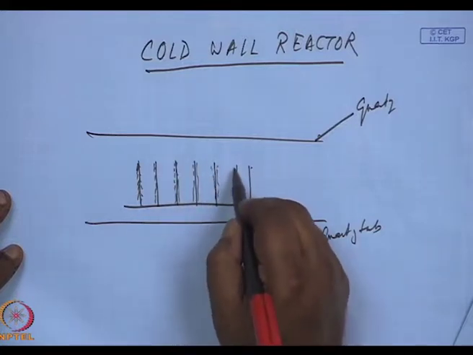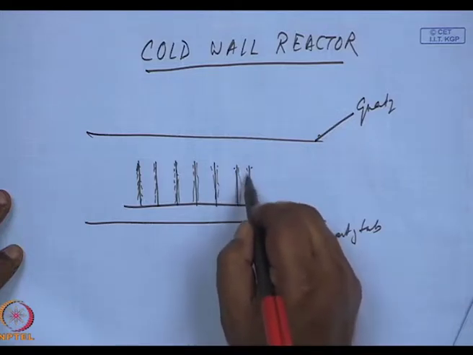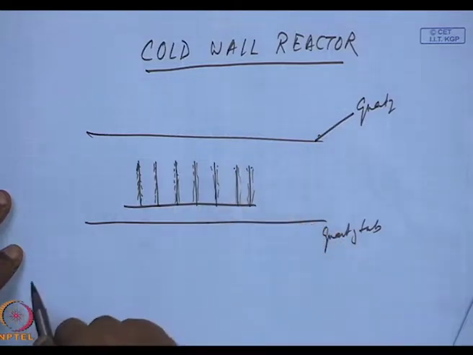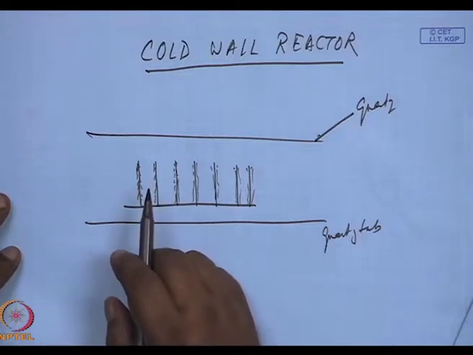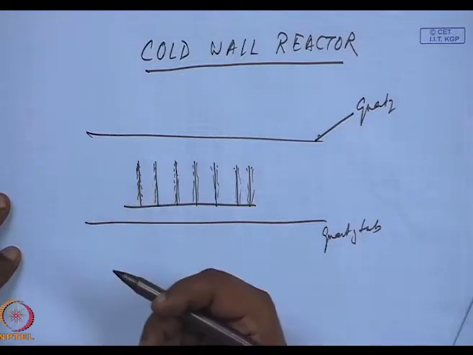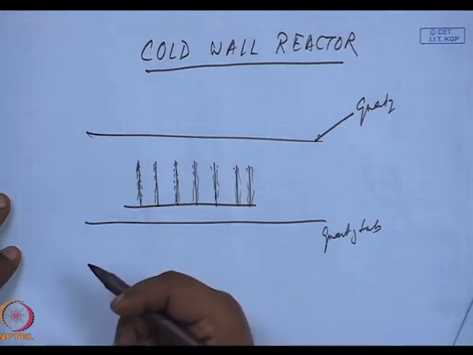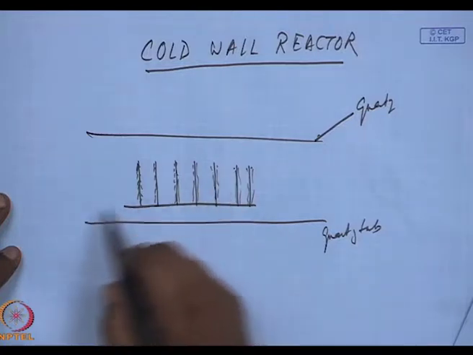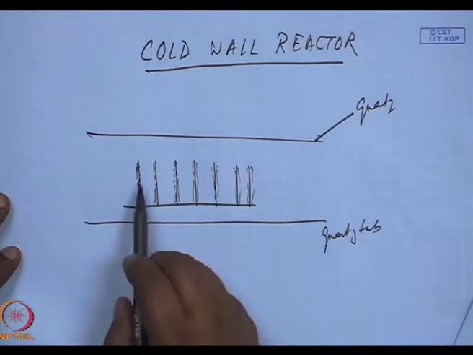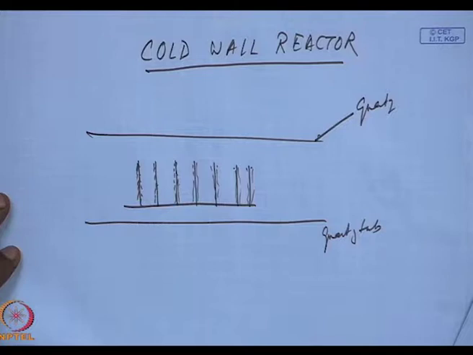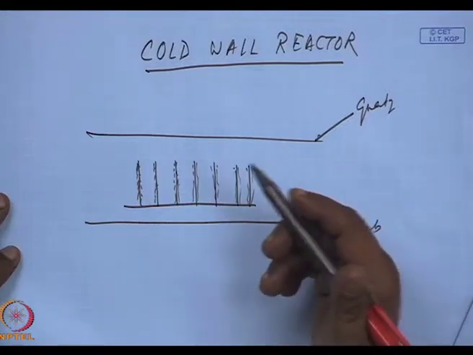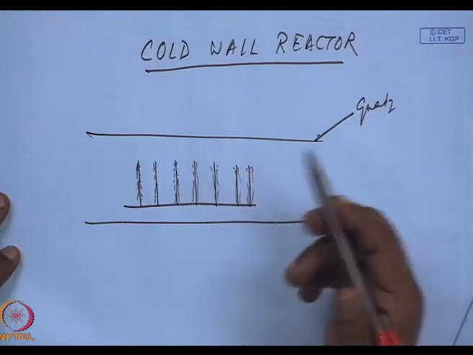Hence, the system remains very clean and we get coatings on this. Here you have to understand that the decomposition occurs only on the substrate surface, because that is the only part which has been heated by the induction heater.